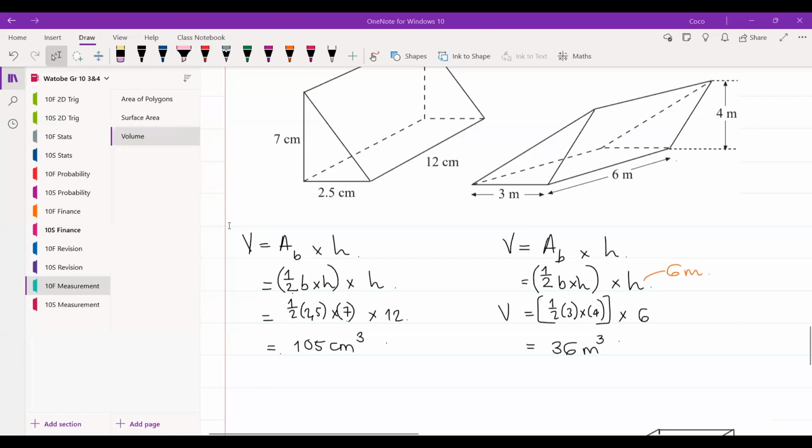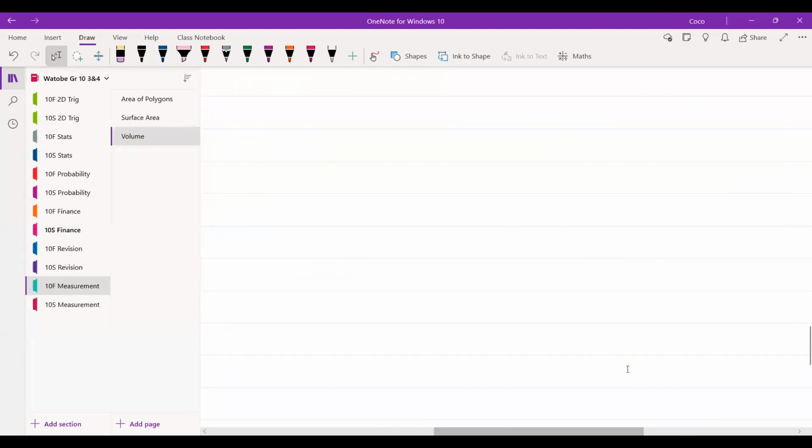I just want to address something very quickly before we continue with the lesson. I hear some of you asking me, what does perpendicular height of a triangle mean? So let's talk about this.